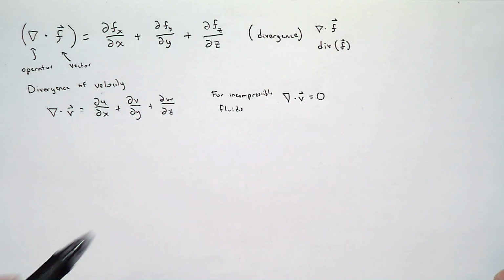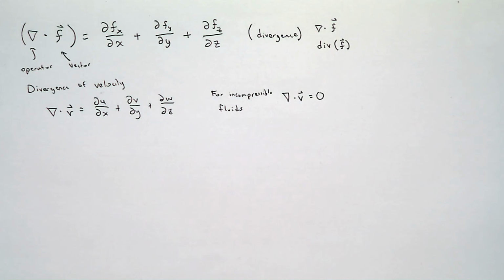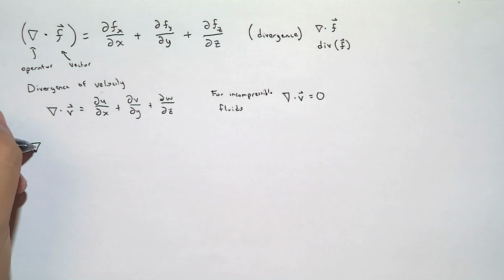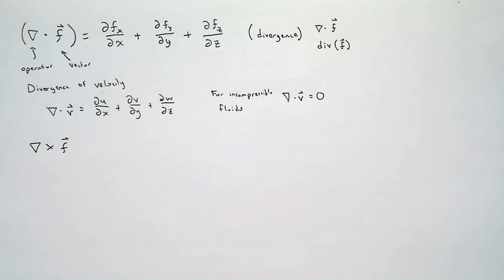Another property we're going to learn: we learned about divergence, which is deformation. There's another property that we're going to take for this del operator. Just by following the trend here, can you guess what that operation will look like? Yeah, pretty much. If we take the dot product of two vectors, the dot product actually tells us the effects of one vector over another, and that's divergence. But if we take the cross product of two vectors, remember, the cross product tells us the rotation potential between the two vectors.